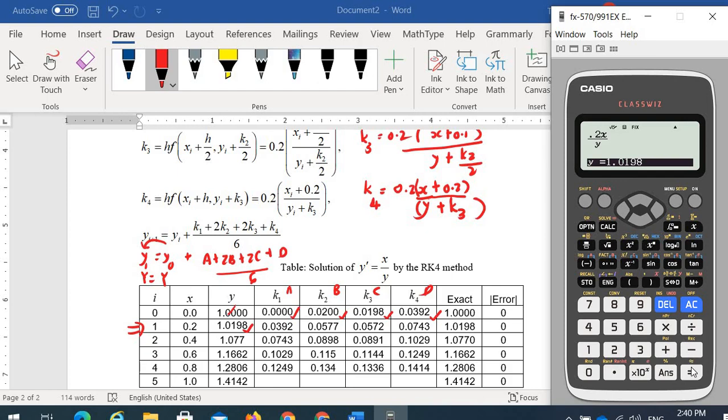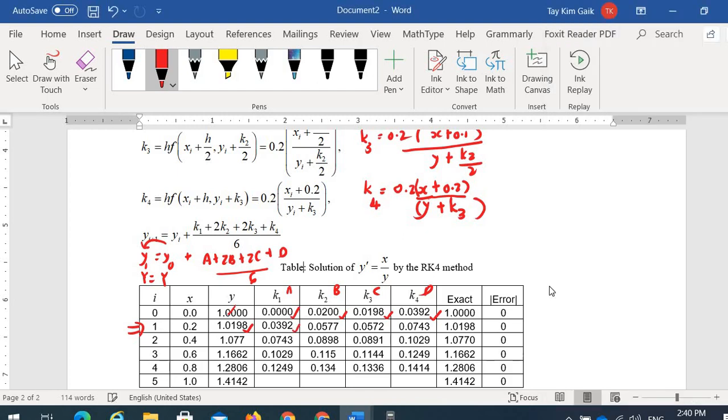So you just equal, and your K1 is 0.0392. For K1, the X value is there because when K4, you use current X plus H, you get 0.2. So when you calculate K1 for iteration 1, the X value is there, the Y value is stored from Y1 just now, so you just equal, you get K1.